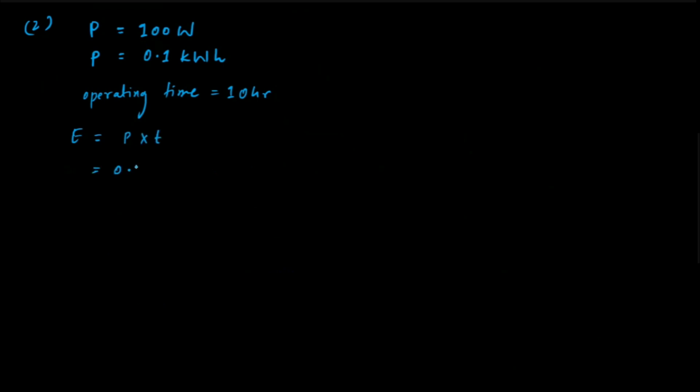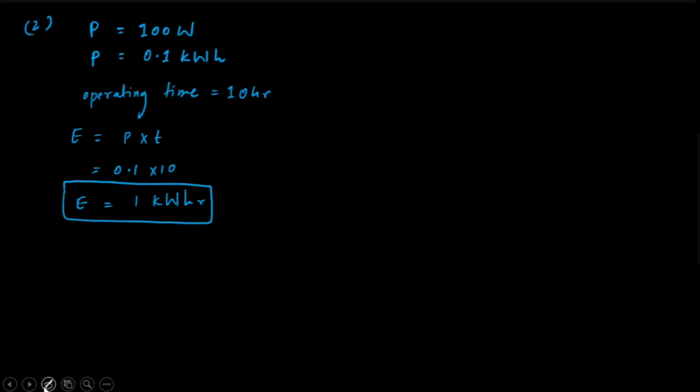Power is 0.1, time is 10 hours, so it is going to be 1 kilowatt hour. So we know the cost of 1 kilowatt hour of energy is 0.15.